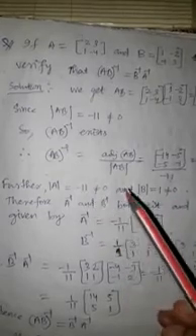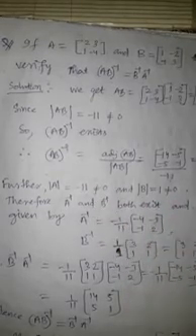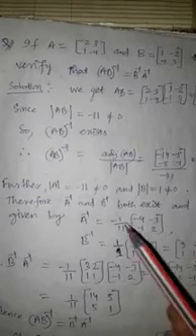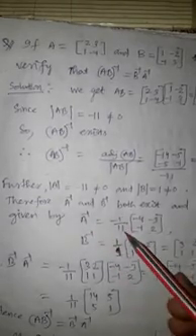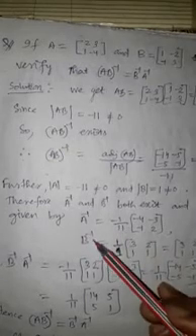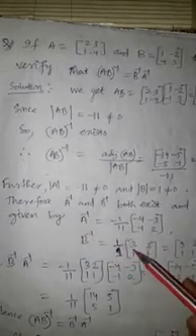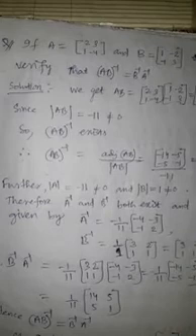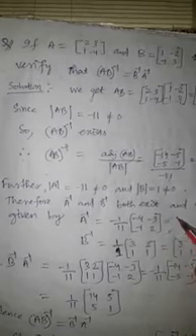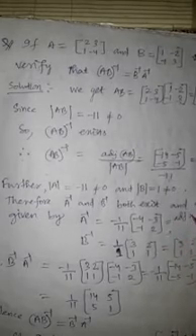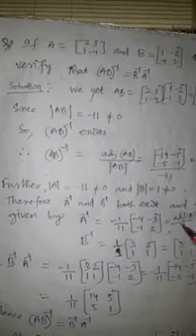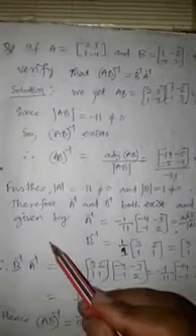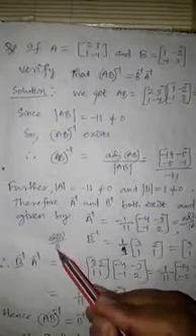That means A inverse and B inverse both exist and are given by A inverse is equal to adjoint A by determinant A, and B inverse is equal to adjoint B by determinant B.